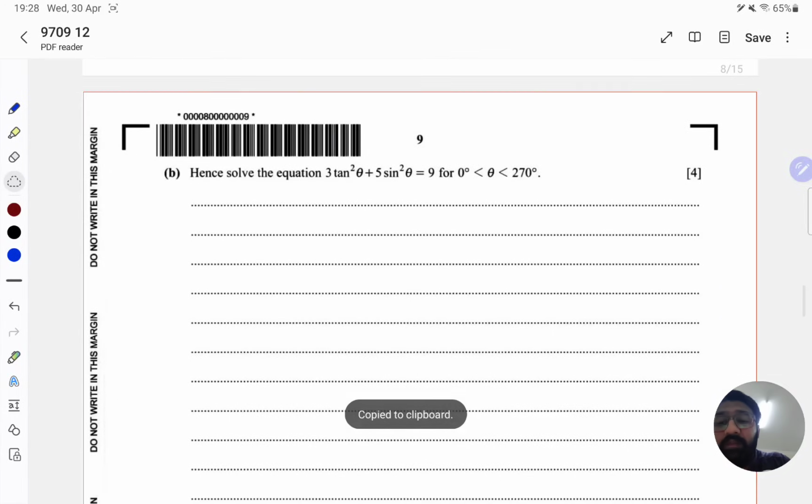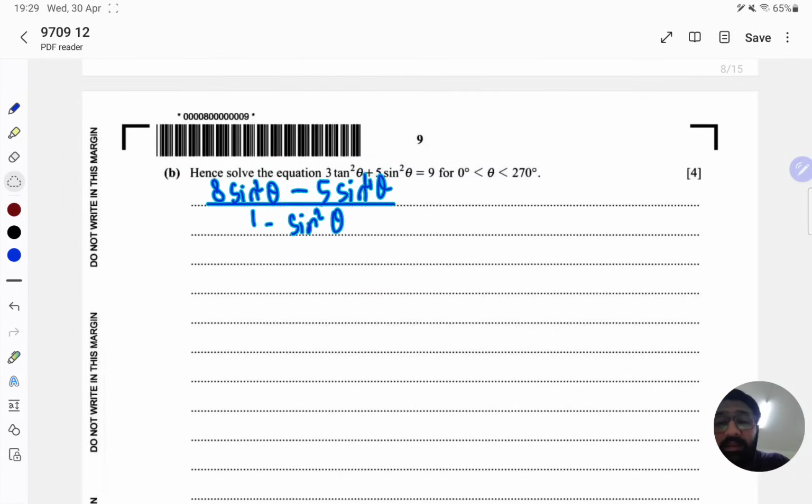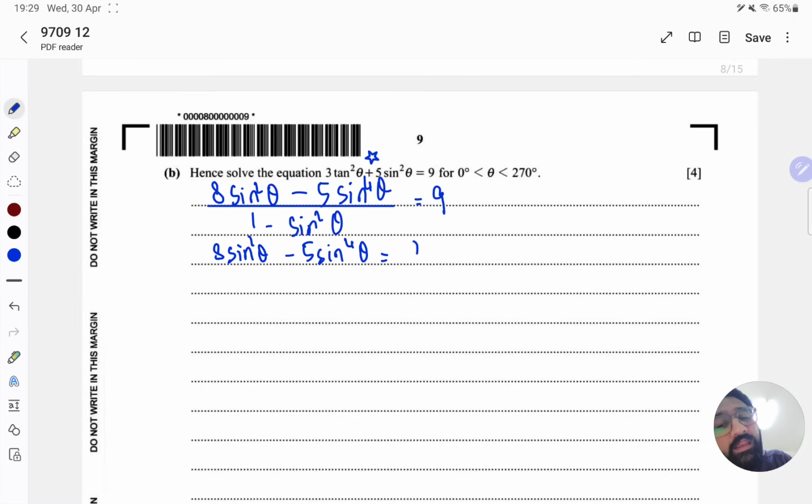So we will put the left hand side of this equation equal to 9, because in the previous part we have proven that the given expression is equal to the one that I have just written over here. So let's simplify. It will be cross multiplication: 8 sin square theta minus 5 sin 4 theta equals 9 minus 9 sin square theta.